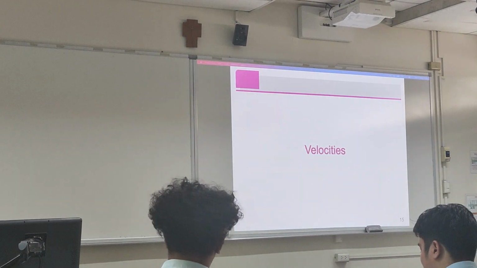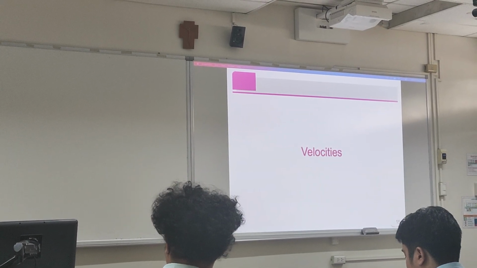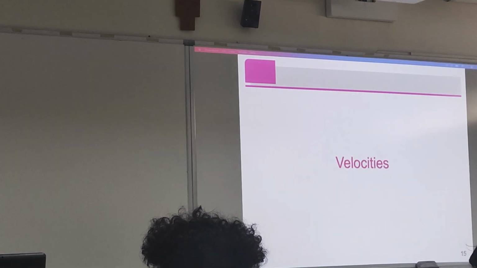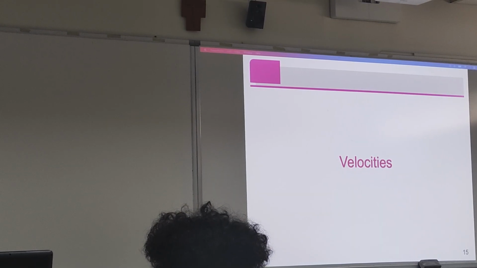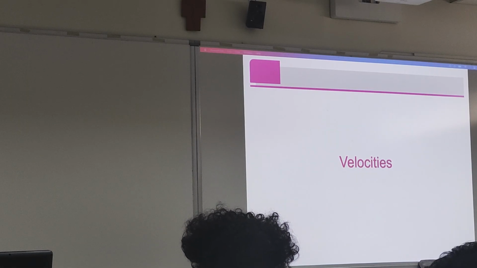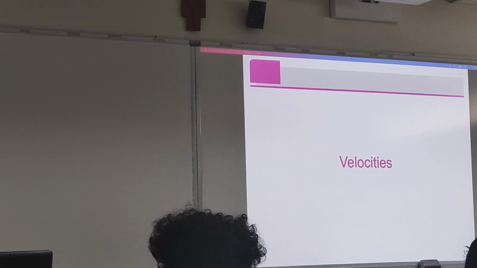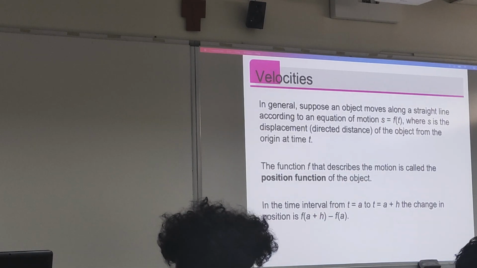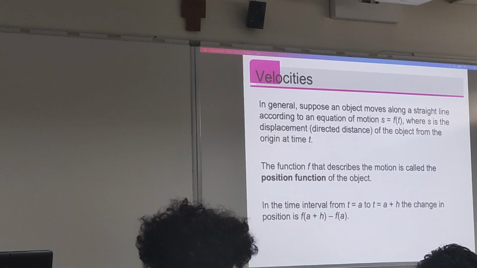If we take the average velocity, what is the formula for average velocity? It's just the displacement divided by time. So we're talking about the distance or displacement, of course, and also the time for that given part.